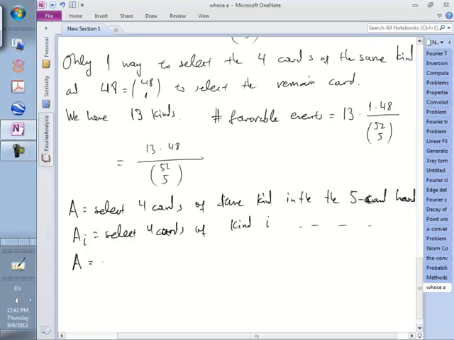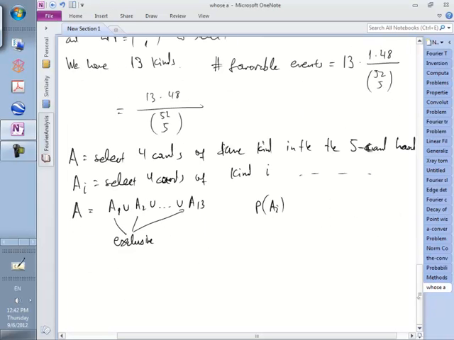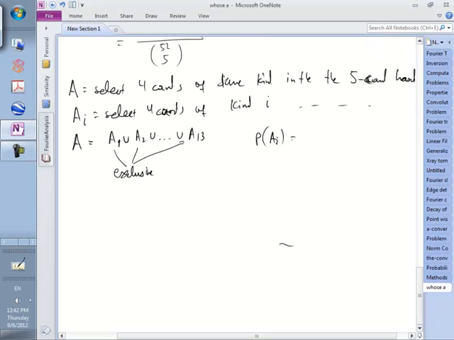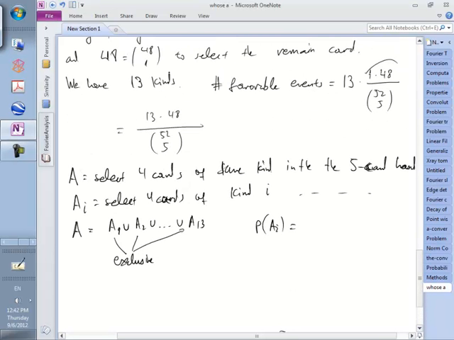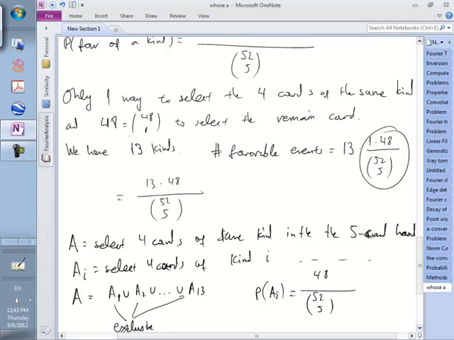And then A is the union of A1, A2, up to A13. And these are exclusive events. And actually the probability of A sub i, if you look, is equal exactly to this term here: 48 divided by 52 choose 5, which is what I calculated here. This part gave me this calculation.